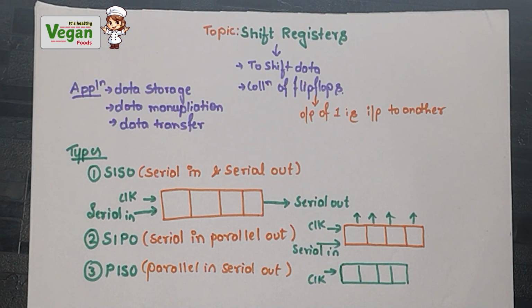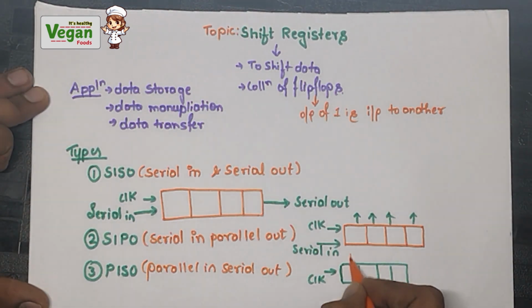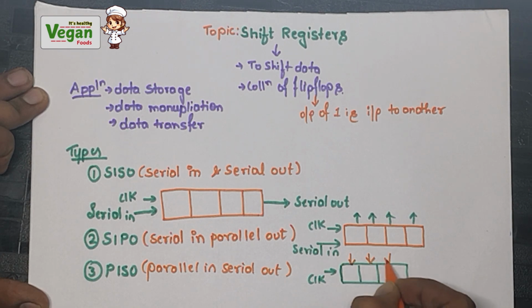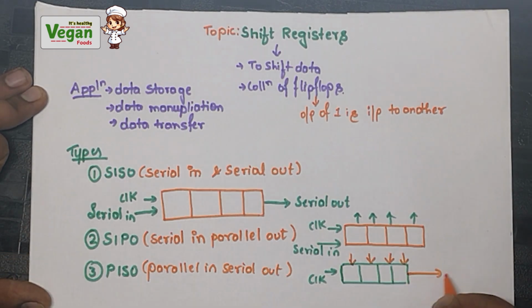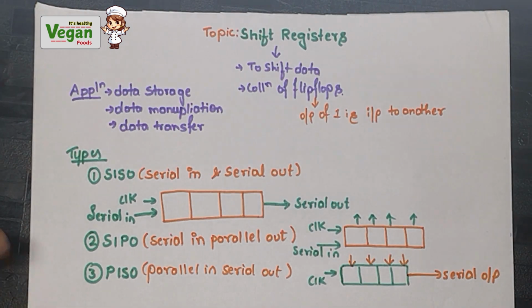If we take the inputs, there will be parallel inputs. Each input is parallel to each other, but there will be a serial output in parallel in serial out shift registers.